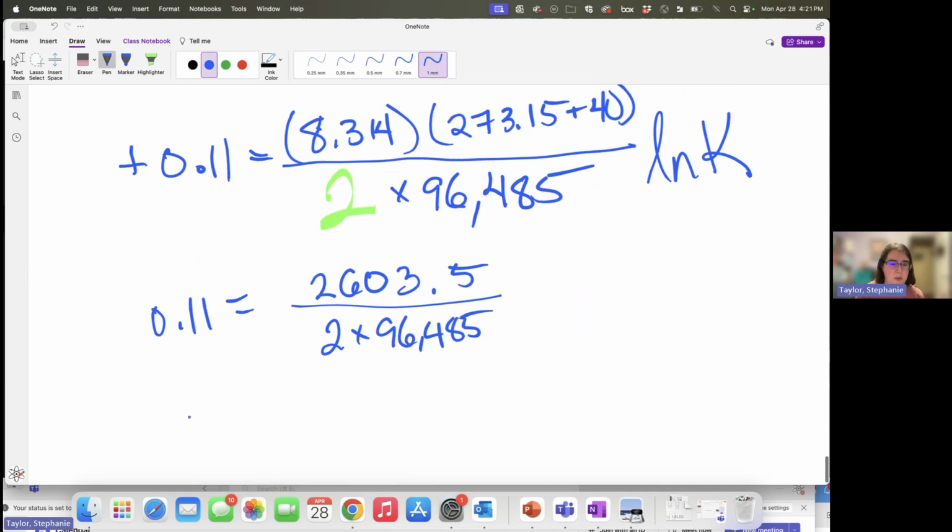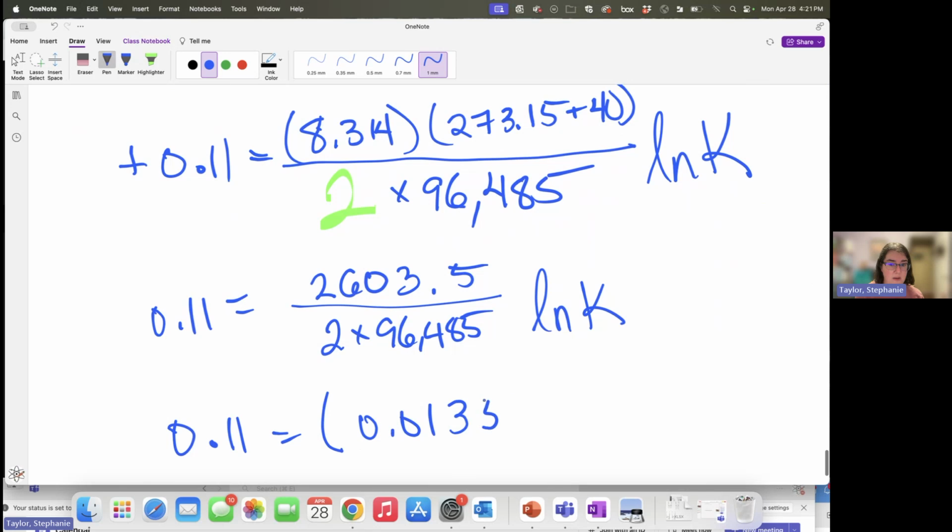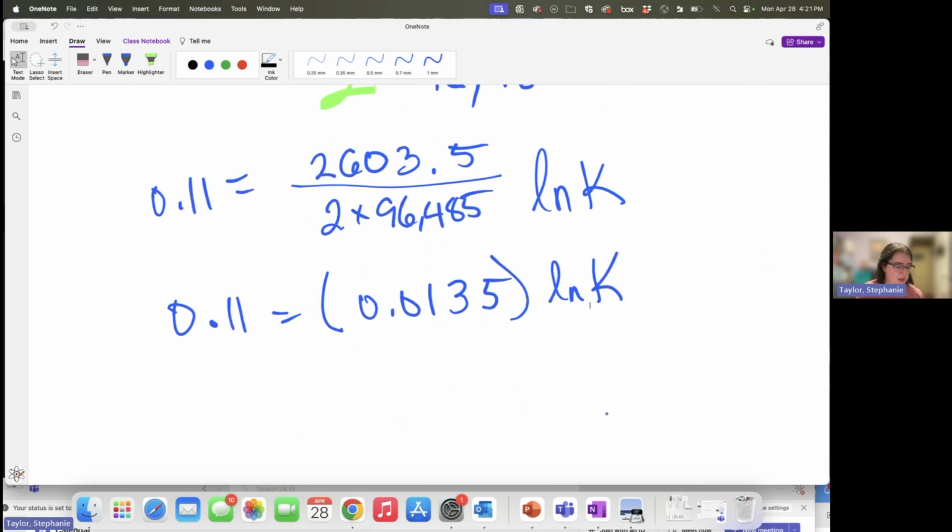So then I wind up with 0.11 times the natural log of K. So then I basically get 0.0135 times the natural log of K. Then I can move that over and divide both sides by this 0.01.